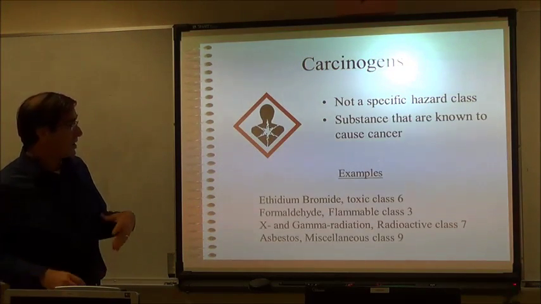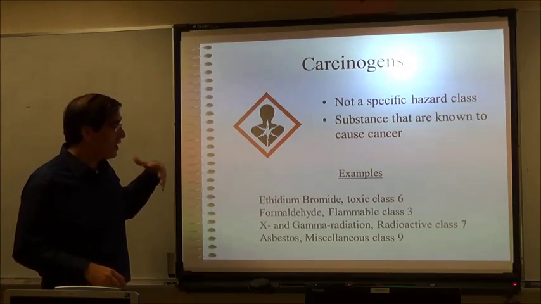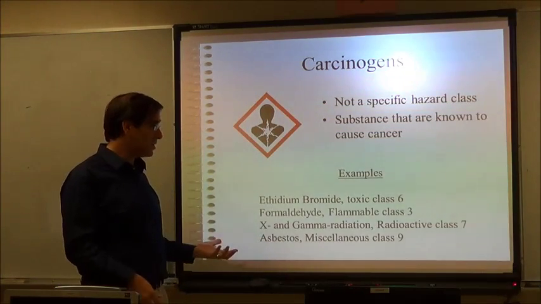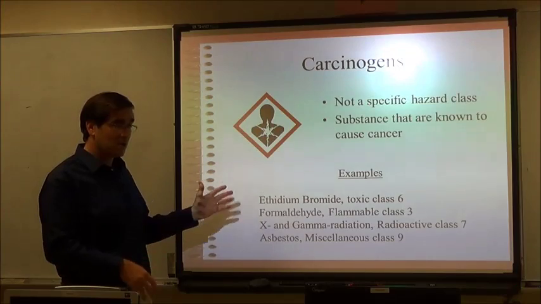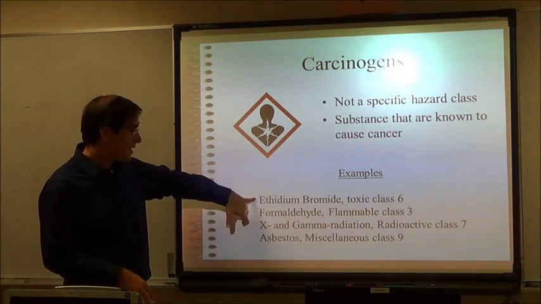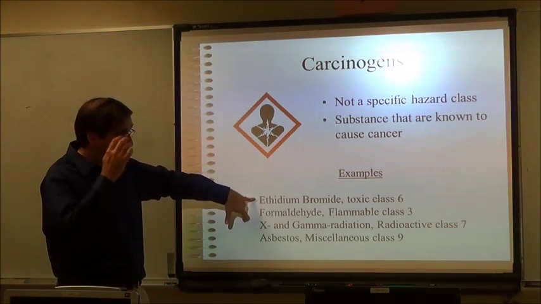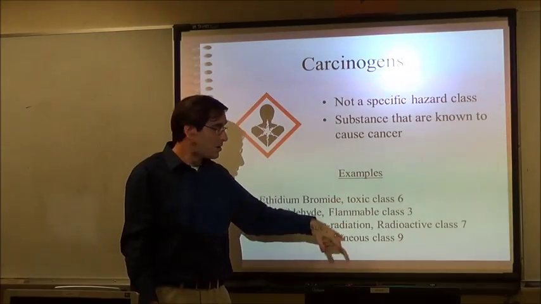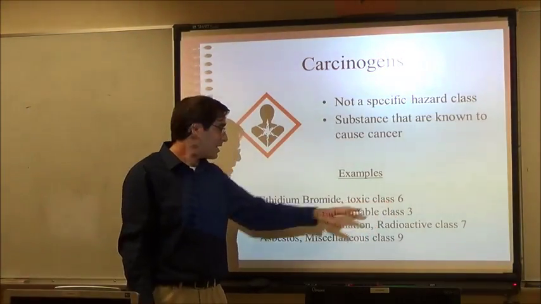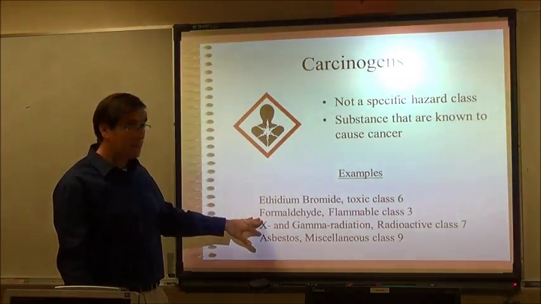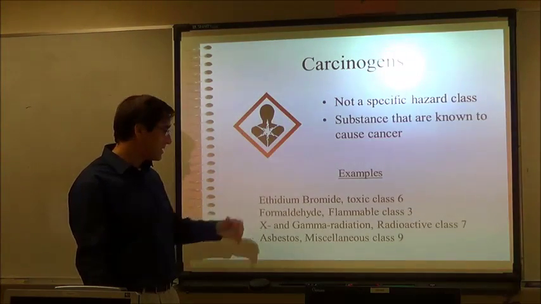There are actually many examples of things that fall into the other hazard classes, but are still carcinogens. So it basically can spread across all the different classes. Things like ethidium bromide, which intercalates into DNA, is toxic. It's also a carcinogen, but this is class 6. Formaldehyde is flammable, but it's also a carcinogen, so it's class 3.